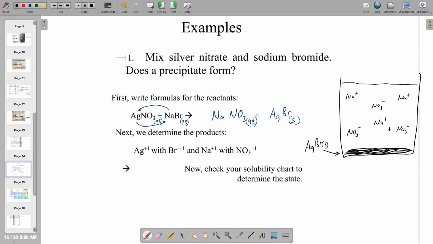Those stay in solution. Some solutions do have a color, like a lot of copper solutions are blue or green, but they're usually always transparent. They're easy to see through. It's actually the copper ions in solution that give it a little bit of color.